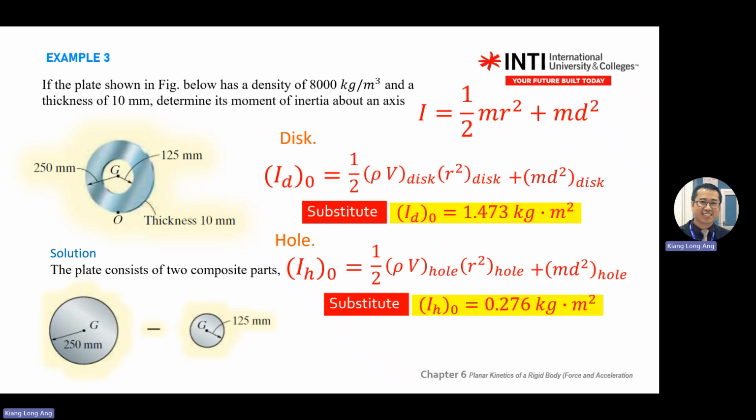So here, the first one, the D is 250 mm, because we're looking at the point O. Same with the hole, we're looking at the point O here.